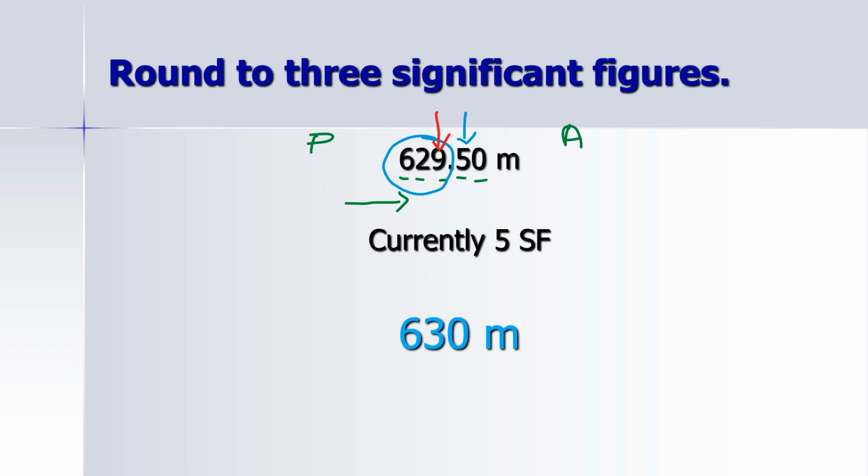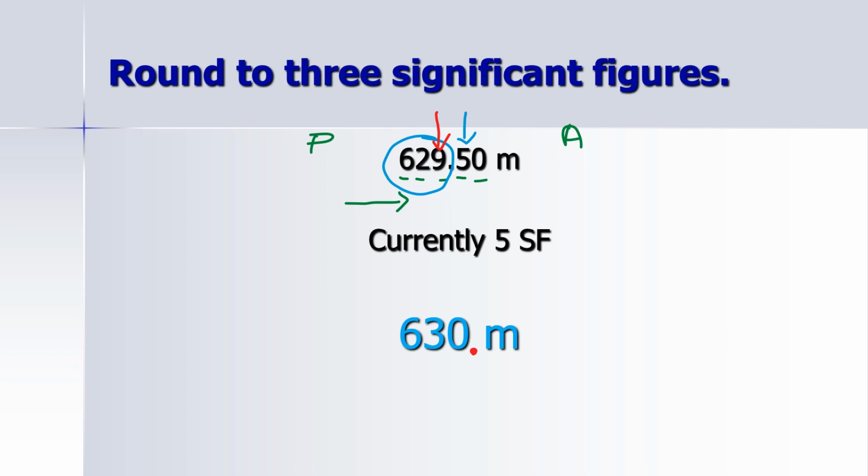Now, we've got a problem here. And that problem is that this number does not have 3 sig figs because, you see how the decimal is absent. So when we start counting from the Atlantic side, we will not start counting the sig figs until we hit 3. So this number is only going to have 2 sig figs.